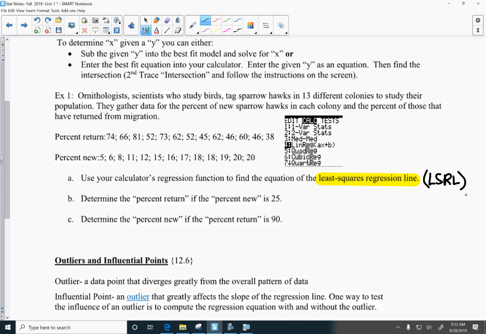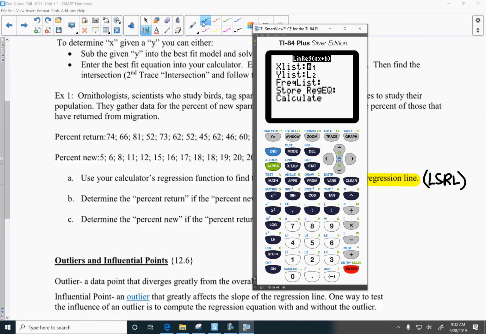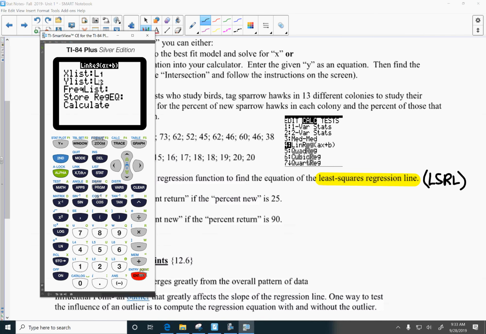We're going to choose option 4, which brings us to a menu, and that menu is going to ask you to input a few things. The default is L1 and L2. We leave frequency list blank. If L1 and L2 are not plugged in for X list and Y list, put them in: second 1, second 2.